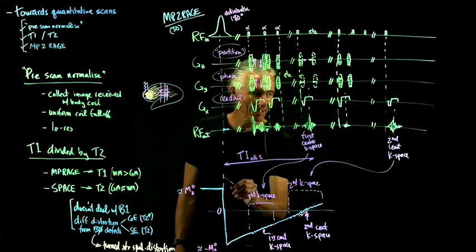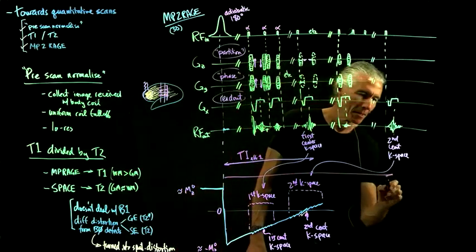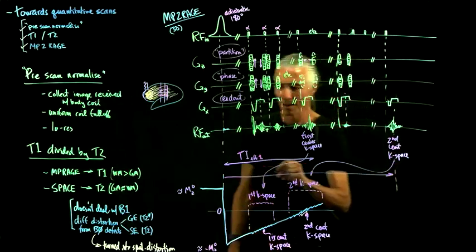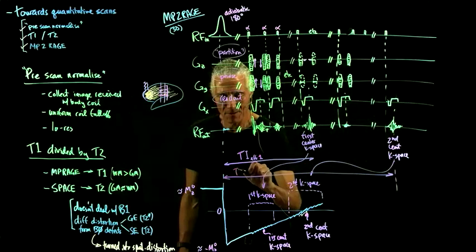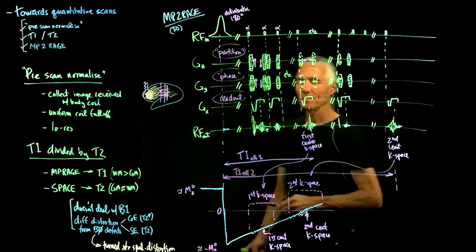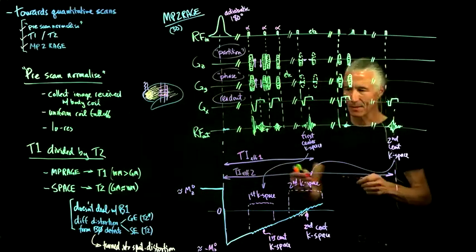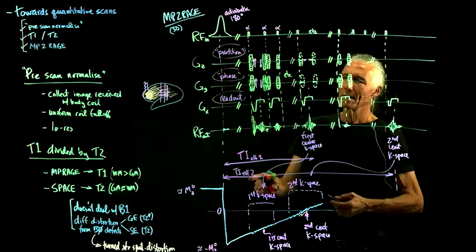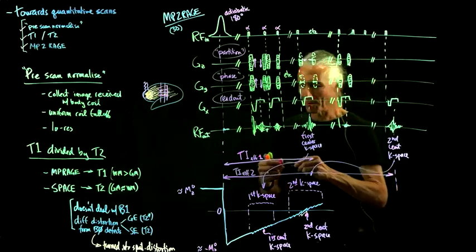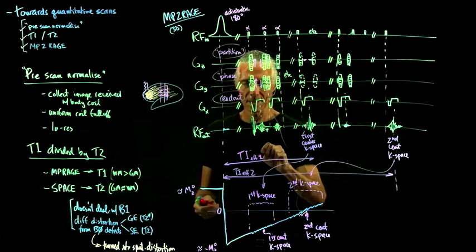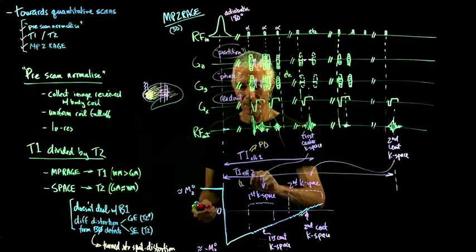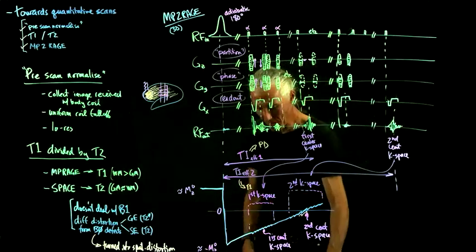And then this one is going to be TI effective 2, because there are all different inversions for all the different parts of k-space 2. This one will give us a T1 weighted image, and this one will basically give us proton density. So this one will look like proton density, this one will look like T1. So now we have two complete images.